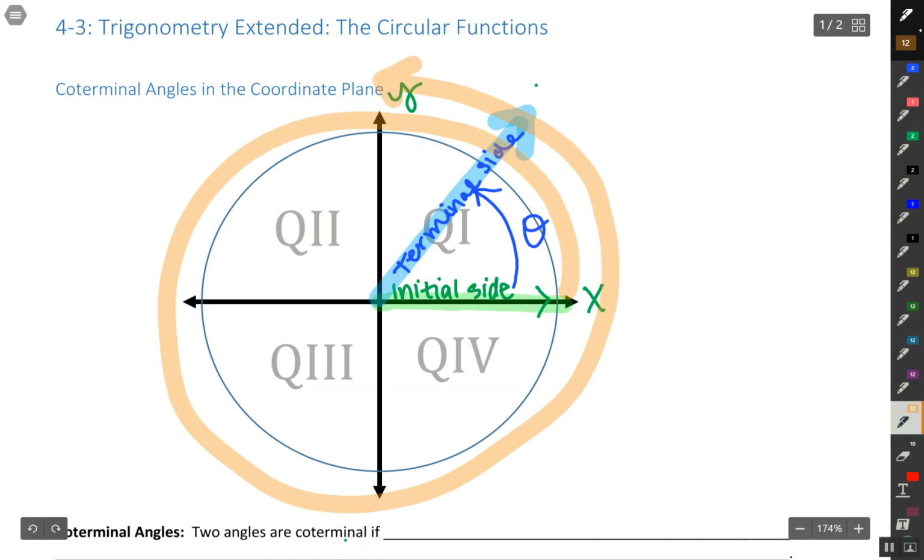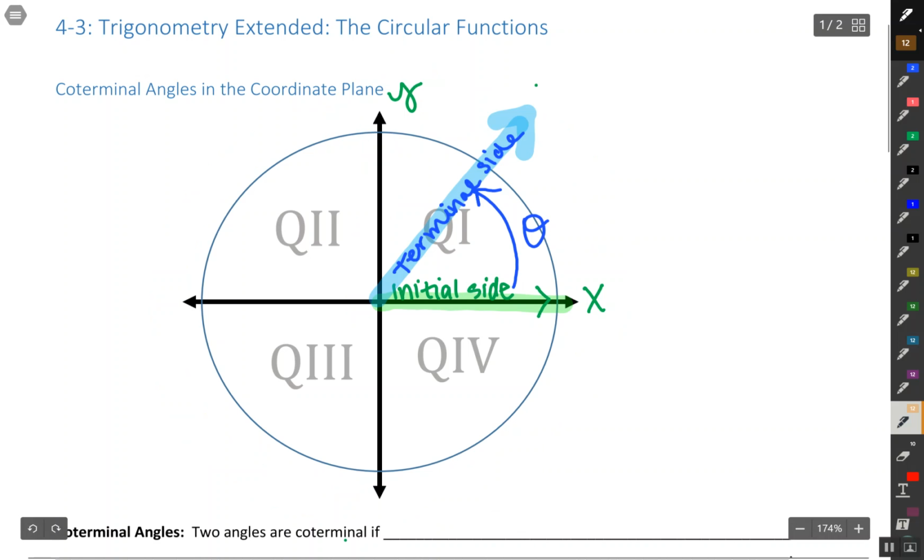Maybe like that, and the terminal side is here. If you count by 90 degrees, because that's one quadrant, you would be going 90 degrees and then another 90 and another 90 and another 90 and another 90. So you'd be going all the way around and back. That would be 90 times 5, which is 450 degrees.